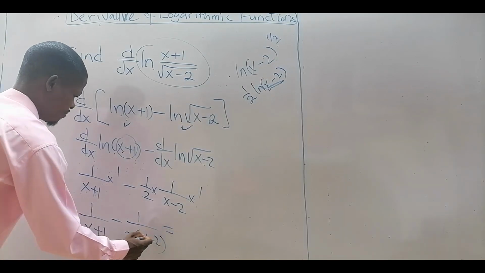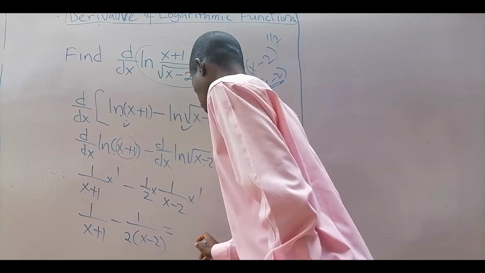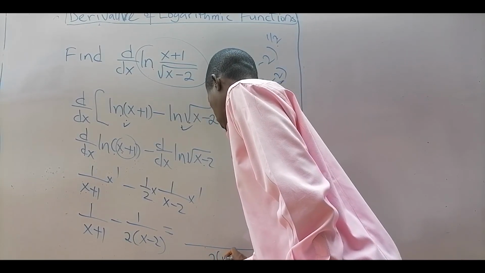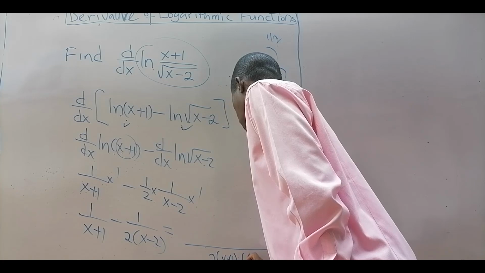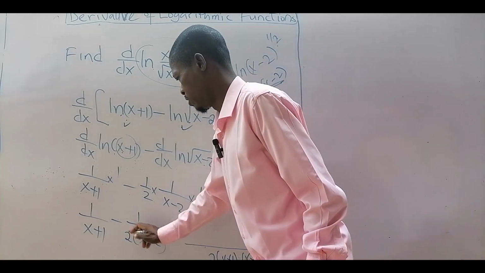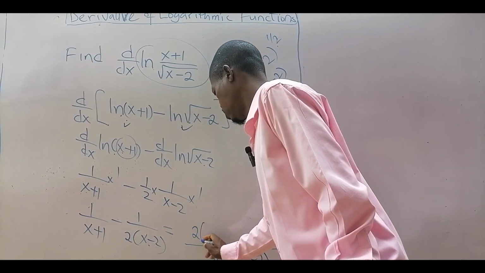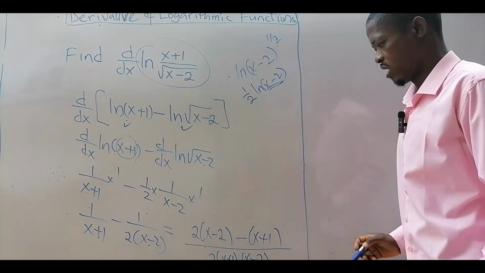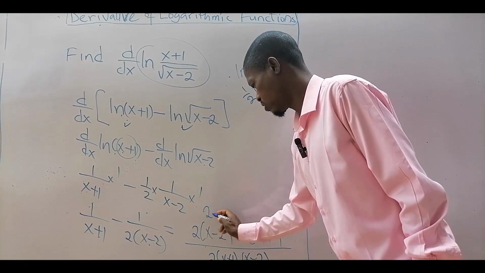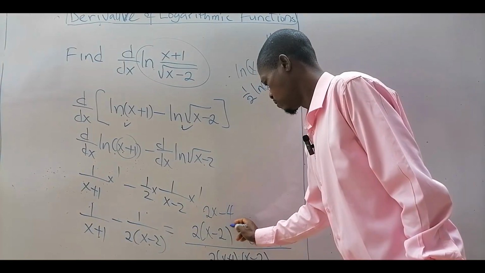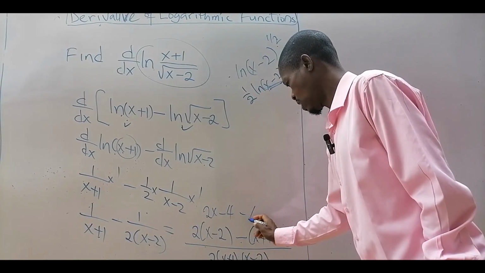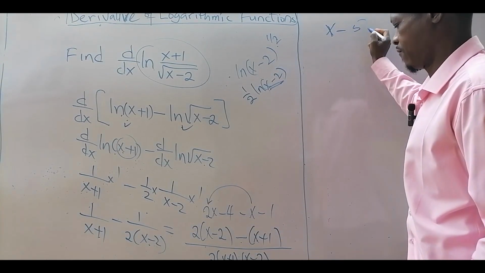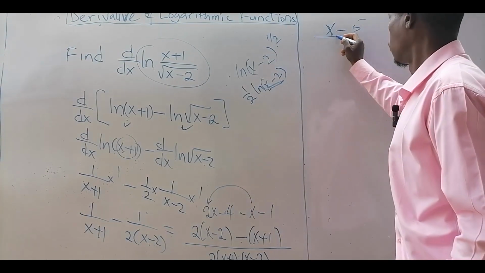So we can do the algebra. Cross multiplying, it gives 2 times (x minus 2), then minus (x plus 1), over the denominator 2(x plus 1)(x minus 2). Expanding the numerator, we have 2x minus 4 minus x minus 1, which gives x minus 5.